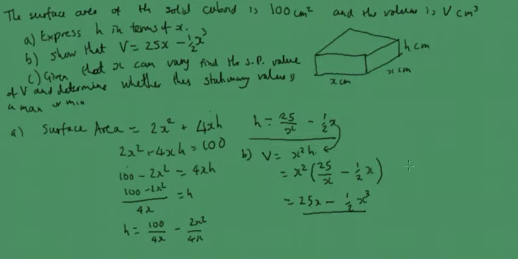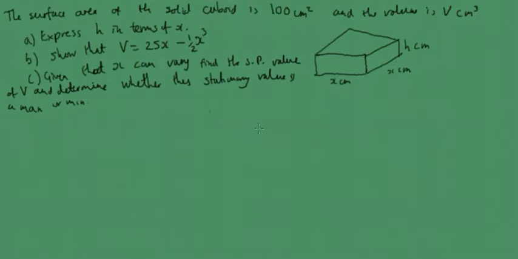Now I'm going to run out of space, so I'm going to clear that away and get a new bit. So C, we have for our volume 25x minus a half x cubed, and given that x can vary, find the stationary point value of V and determine whether the stationary point is a maximum or minimum. So when you hear stationary point, you should automatically think derivatives. So we're going to differentiate this with respect to x.